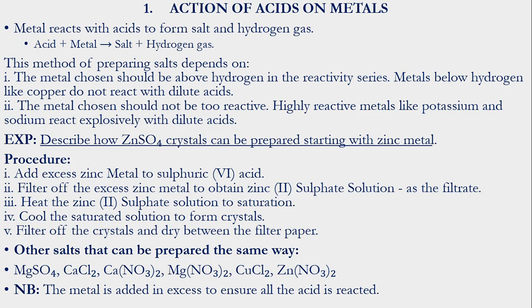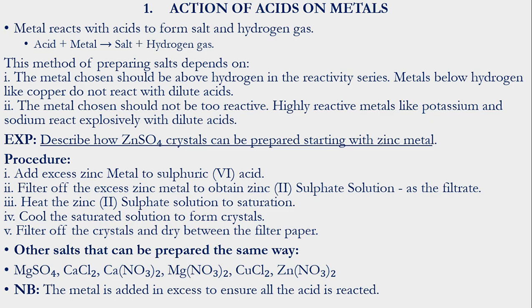Step number 2, we filter off the excess zinc metal. So the excess zinc we have used, now we are filtering it so that we are left with zinc sulfate solution. The excess zinc metal will be the residue, and the zinc sulfate solution will be the filtrate.